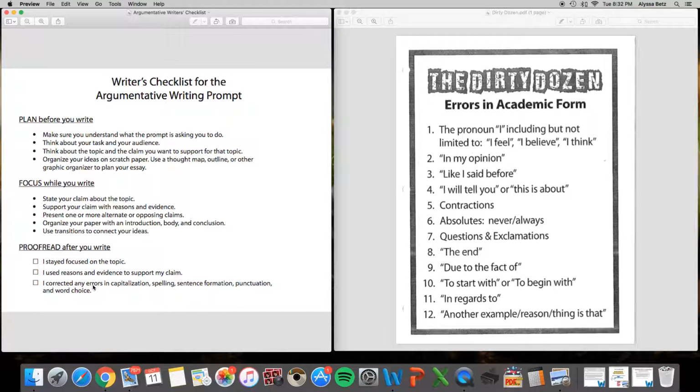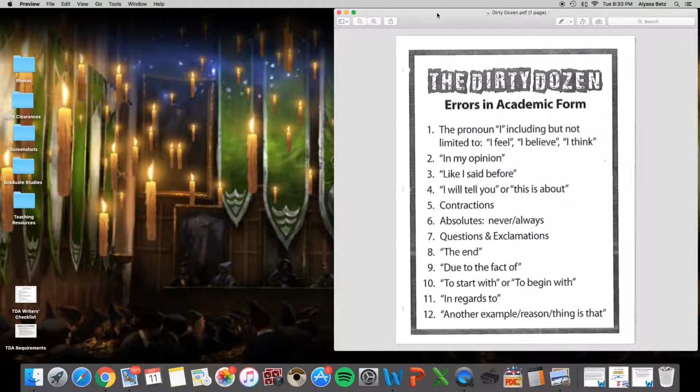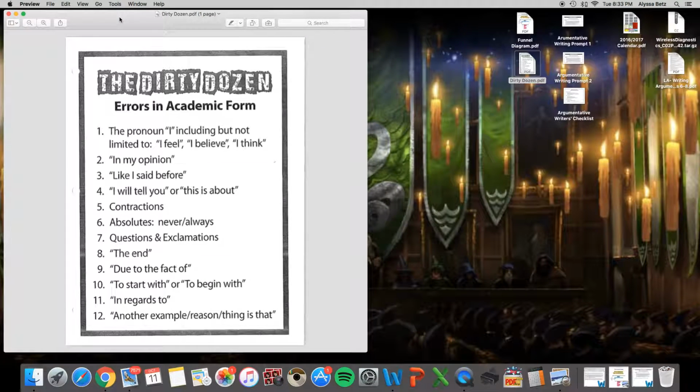Now that we've gone over the argumentative writing prompt writer's checklist, let's take a look at some other useful tools that we're going to be referring to while doing our writing piece. The first is a list of the Dirty Dozen errors in academic form. This is a list of different criteria that you want to keep in mind when you're writing your paper.